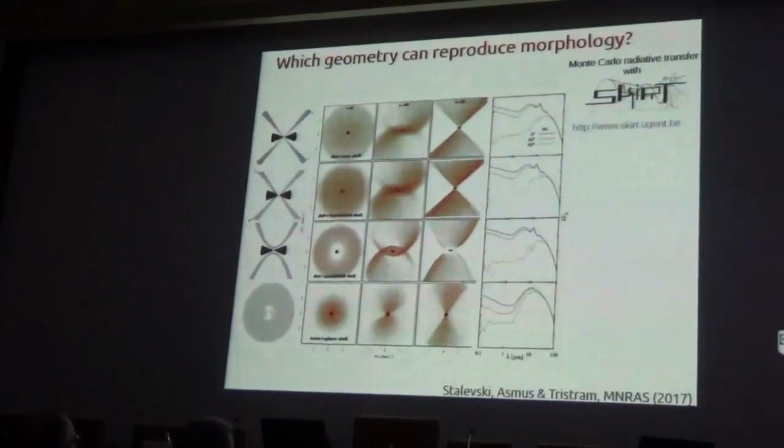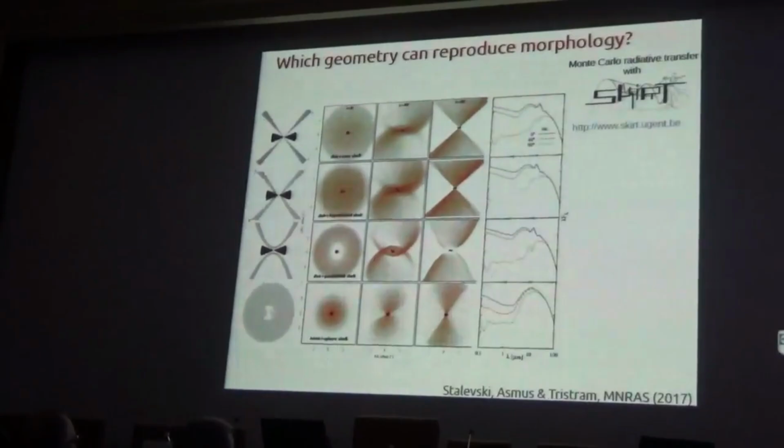Then another is the shape of paraboloid walls, so a paraboloid shell. And finally, we wanted to test if the classical dusty clumpy torus could still explain the observations, because if you assume that the torus is surrounded by some low-density ambient dust, then simply by collimating the radiation, you might expect it to produce such a bar-like feature.